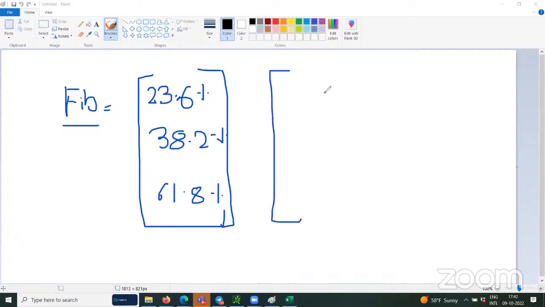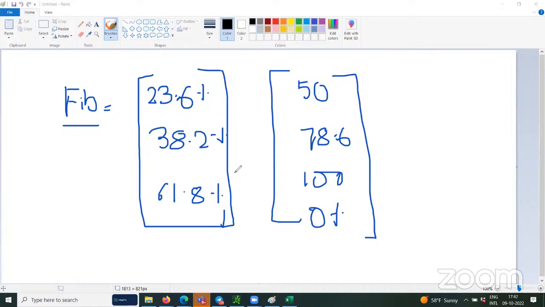Not so important percentages: 50, 78.6, 100, and 0. These are okay types. Now, when we are making Fibonacci levels, you need to use your regression channel.